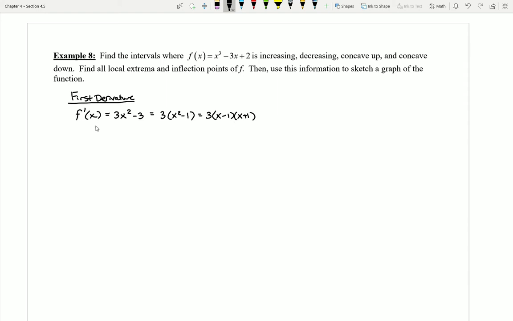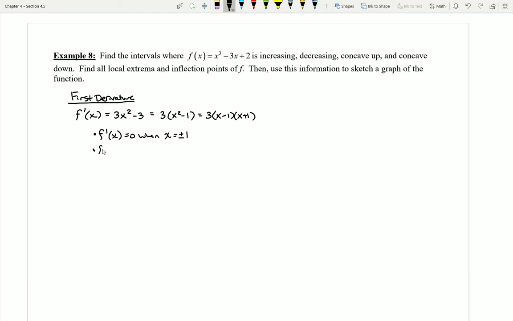Now, if I want to go ahead and find critical points for this, remember, I can find things like where the graph is increasing and where it's decreasing, and I can also use the first derivative test to find where it has local mins and maxes. So let's go ahead and do that. I'm going to see that f prime of x is equal to 0 when, well, this is easy, when x is equal to plus or minus 1.